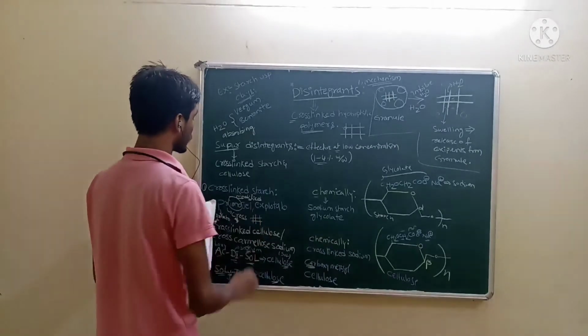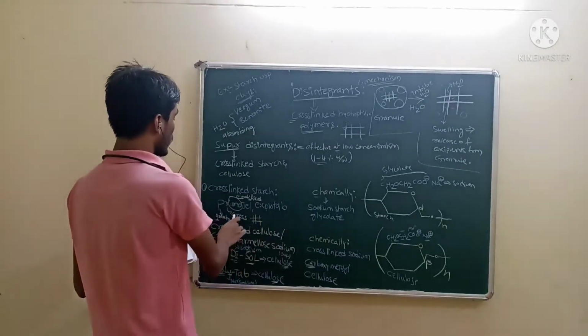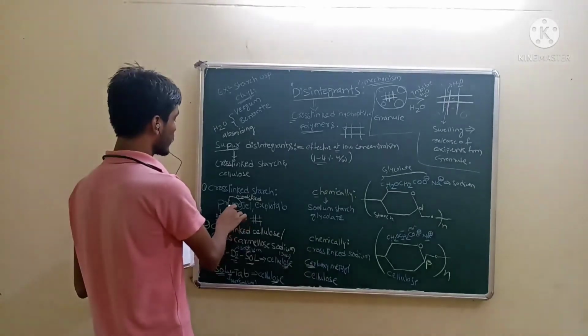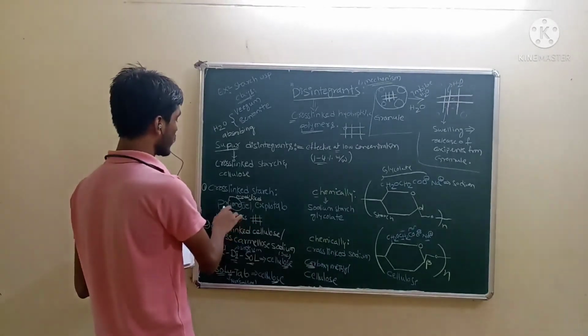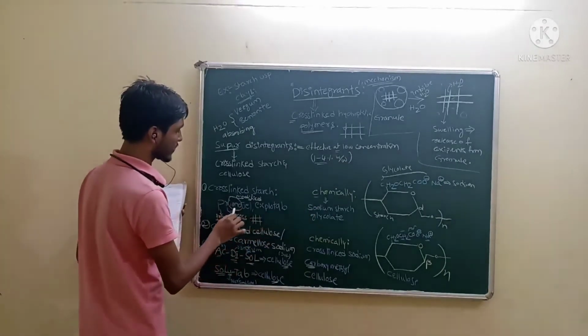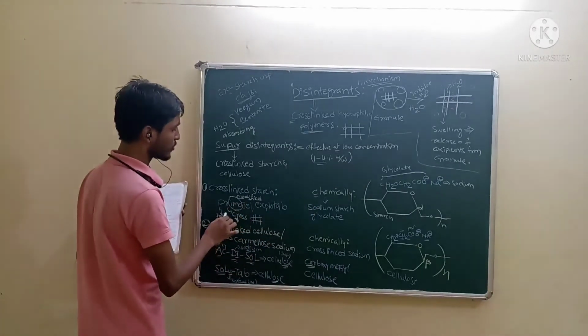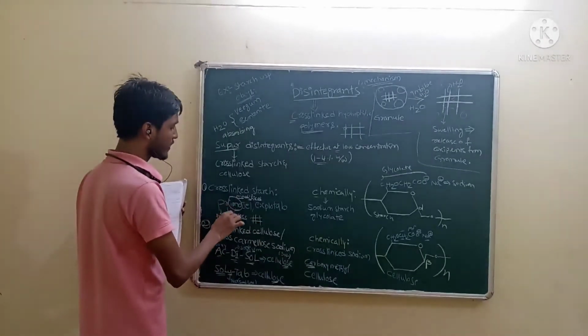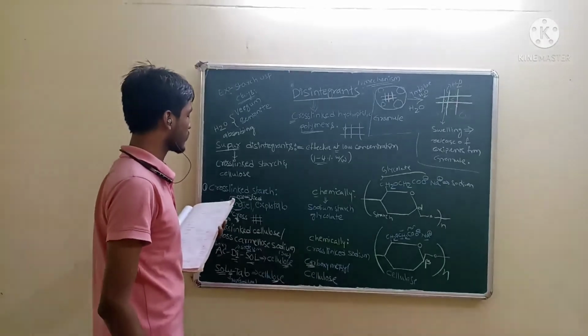It will form like this. This is a cross-linked potato, cross-linked potato polysaccharide that is modified. This is modified cross-linked potato. We call it Primogel.